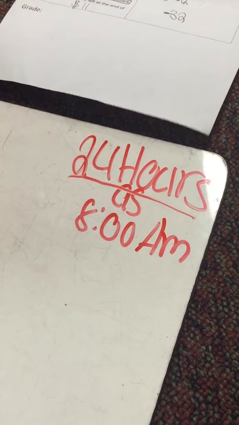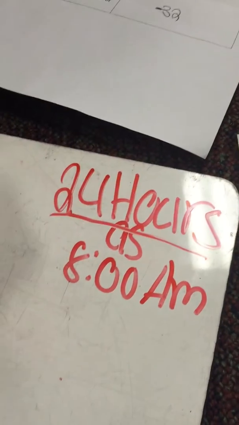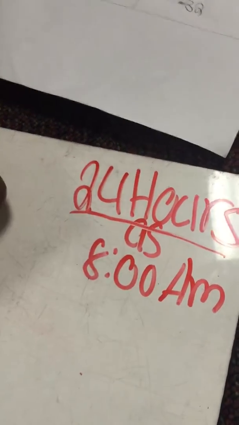You have to multiply, because yes, you have to multiply. So -51.2 times 24. So really the same thing that we did at first.